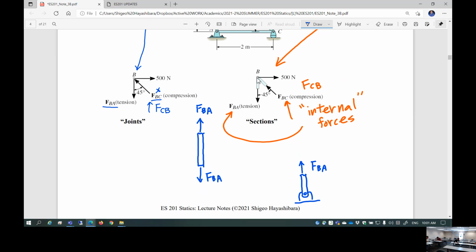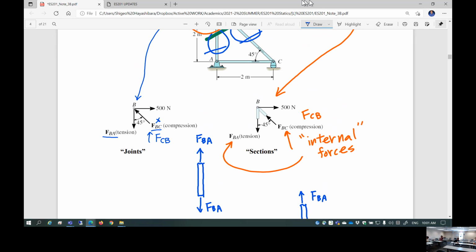Member AB. This much portion of member AB develops internal force FBA here. This is the portion of the member AB. That means this portion develops equal and opposite FBA so that if you put it back on, internal force cancels out.